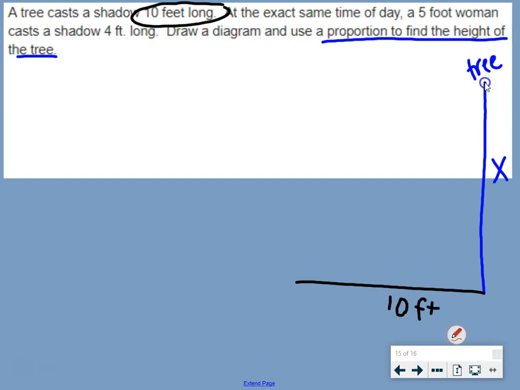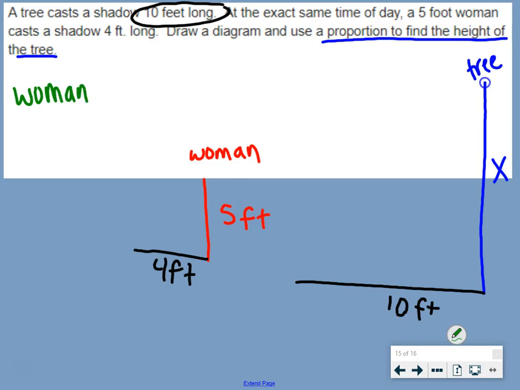Then we know that at the exact same time of day, so when the sun is at the same position, a 5-foot woman is 5 feet tall. And she casts a shadow of 4 feet. So her shadow is only 4 feet. Use a proportion to find the height of the tree. So we can have woman dimensions over tree dimensions when we set up our proportion.